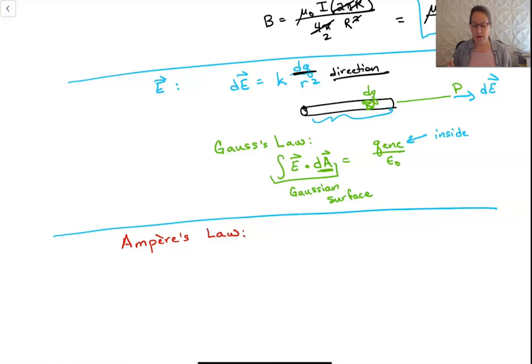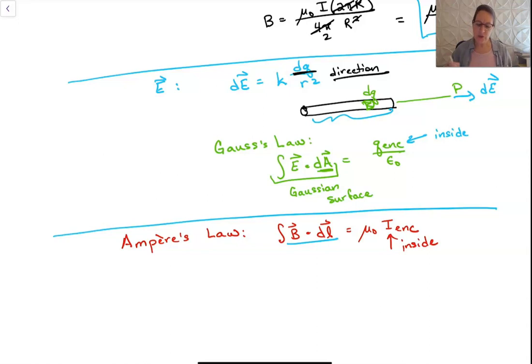But it has the same idea. It says an integral of B dot dl is equal to mu naught times I enclosed. So again, we're going to have a surface or something, and inside it, this is going to be inside, and we need to have some symmetry for this to be useful.